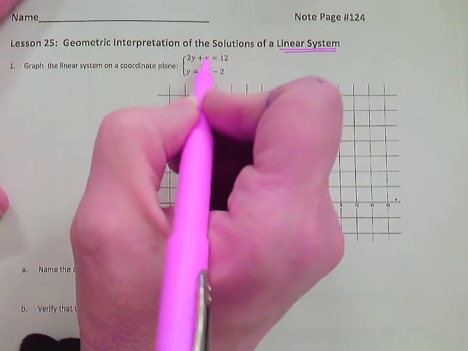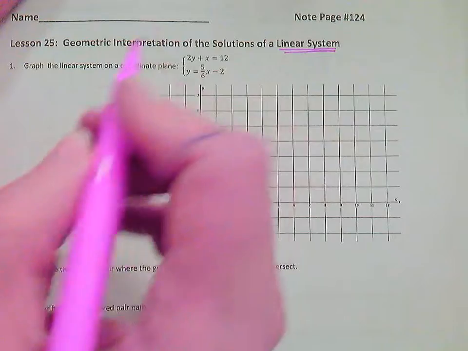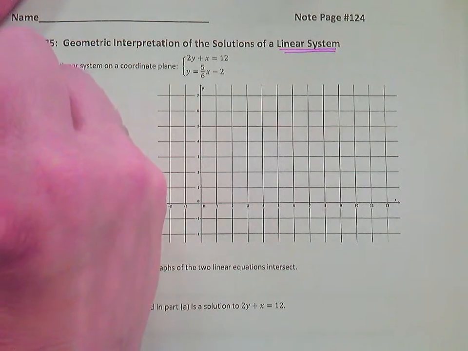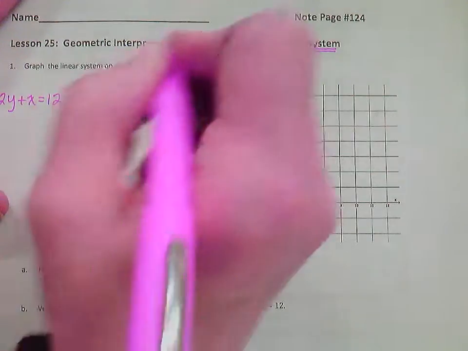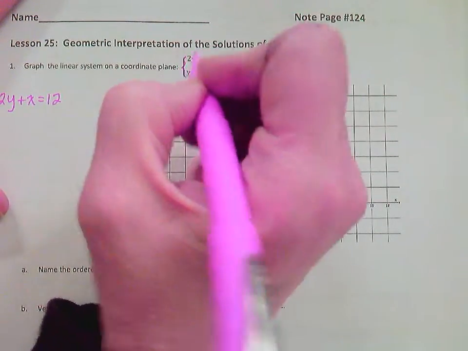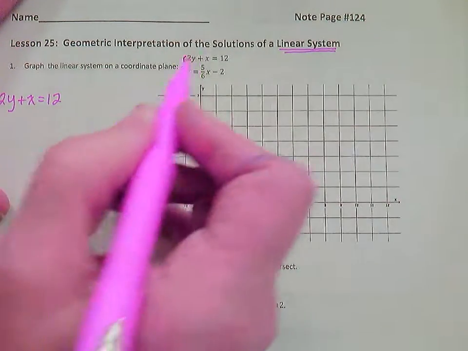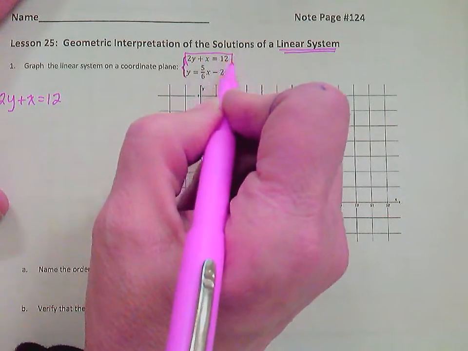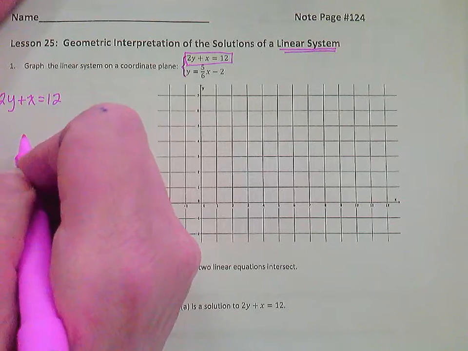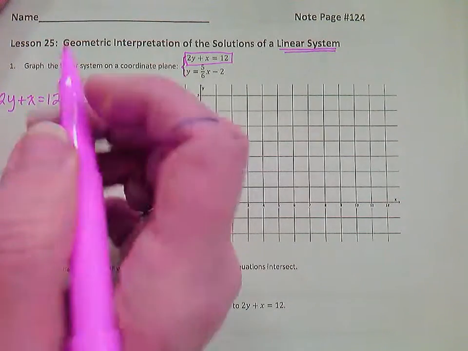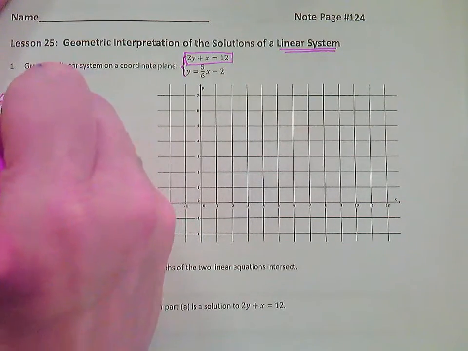We're going to graph each equation separately. So I'm going to rewrite the two equations. This is just a notation out here. You don't need to worry about that. First equation is this one, and I rewrote it over here. I'm going to do the same thing that we did last week. I'm going to put this into slope-intercept form. So I'm going to subtract x from both sides.